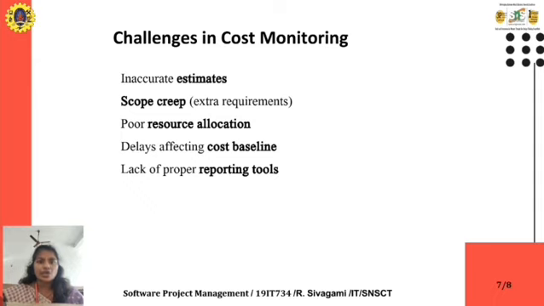The second is scope creep, then poor resource allocation, which affects cost baselines, and then lack of proper reporting tools. These are the challenges in our cost monitoring process.